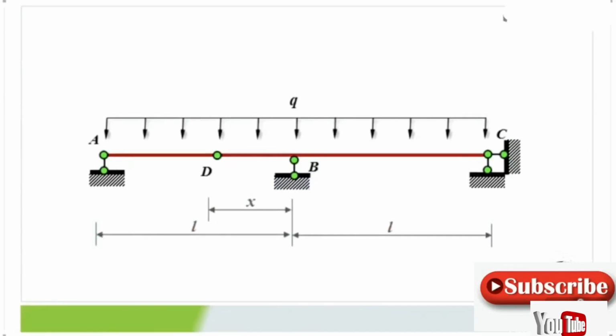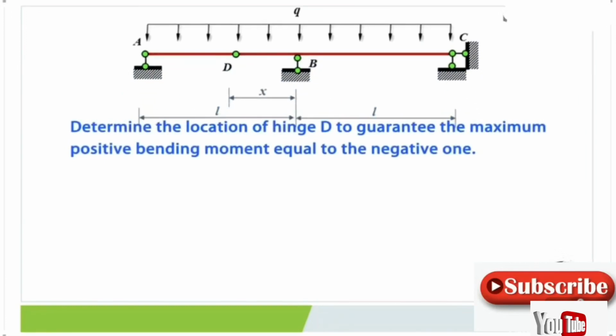Now look at these determinate multi-span beams under the action of uniformly distributed load Q. Now we want to determine the location of hinge D to guarantee the maximum positive bending moment equal to the absolute value of the negative bending moment. That means we want to solve the value x to make the maximum positive bending moment equal to the absolute value of the negative bending moment.